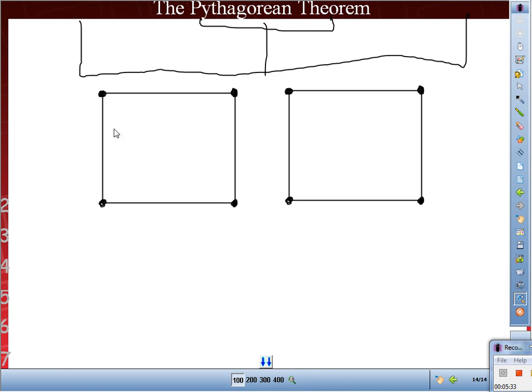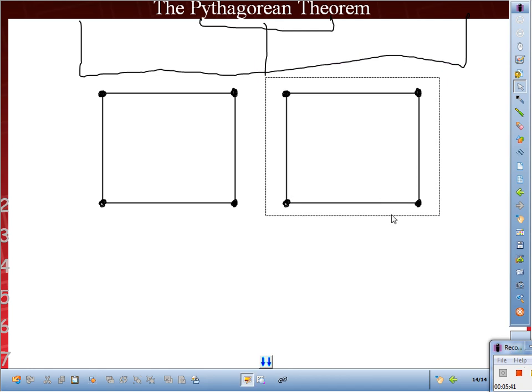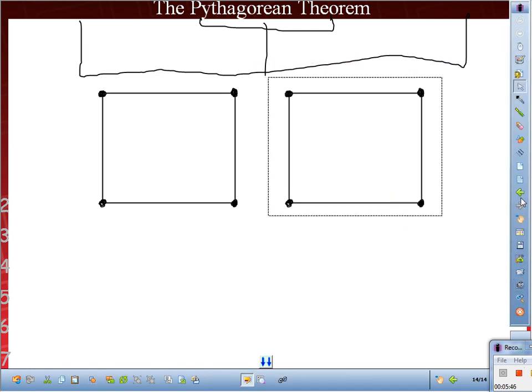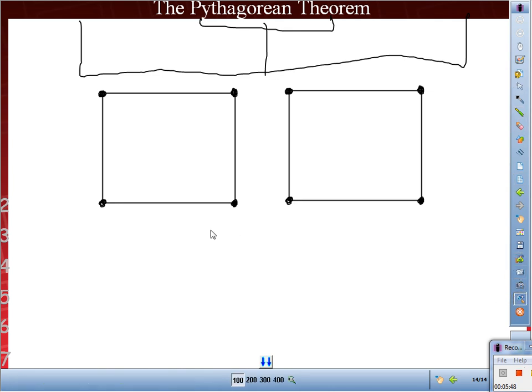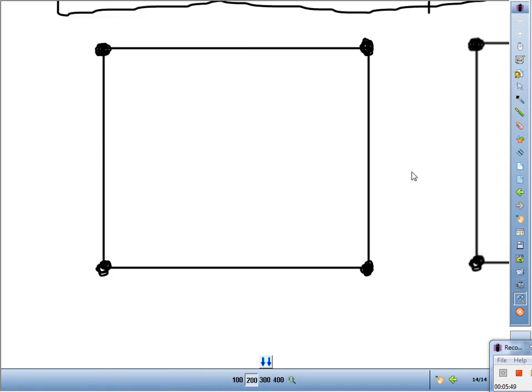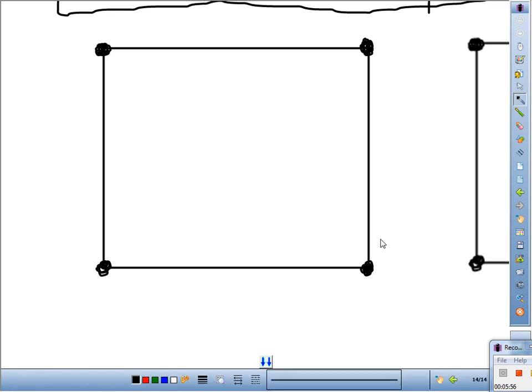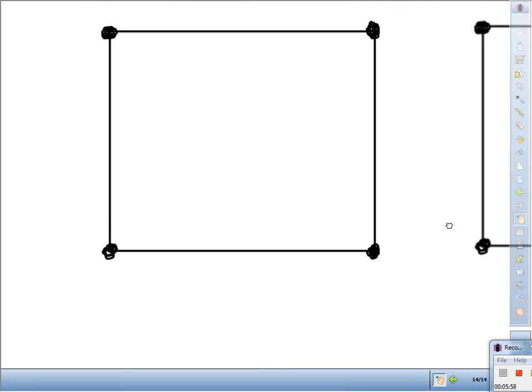Okay, I'm going to zoom into the first square that I sketched. There it is. Okay, I'm going to focus on this one right now.